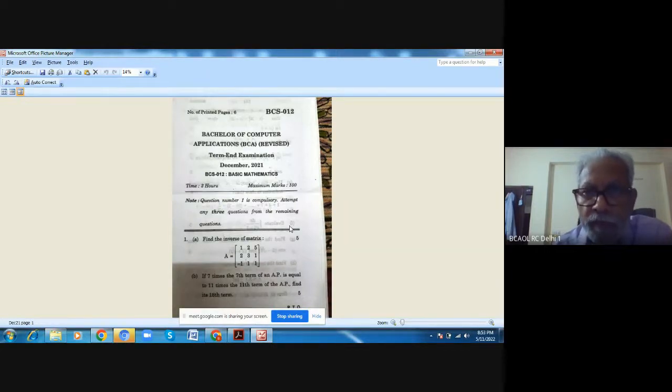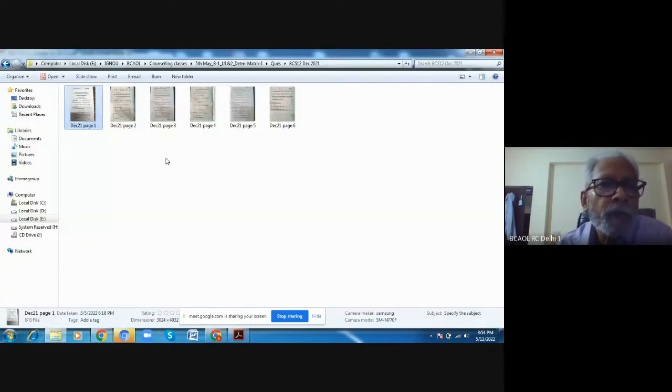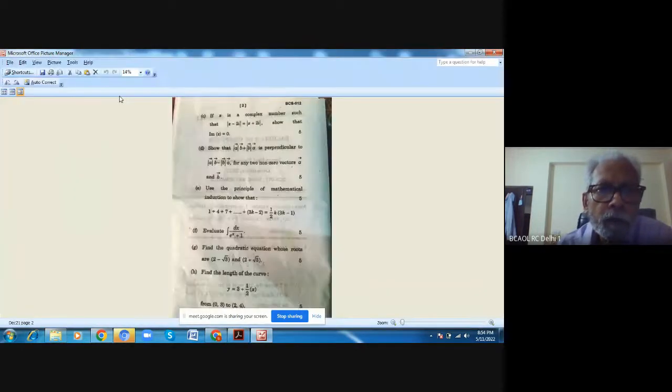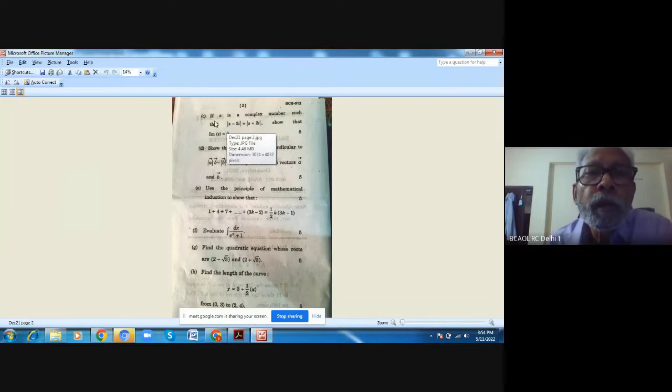Very easy, 5 marks, 5 marks. Now the second page. If this is your complex number, another 5 marks. So these are the questions.